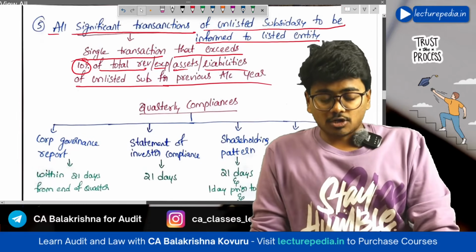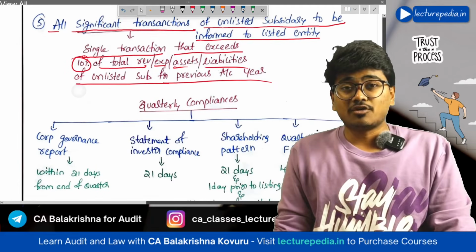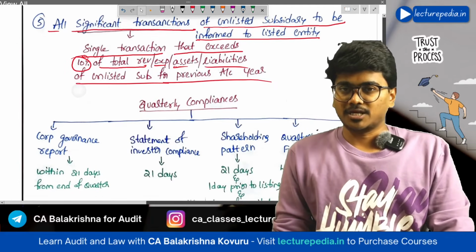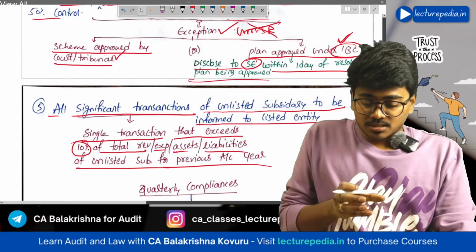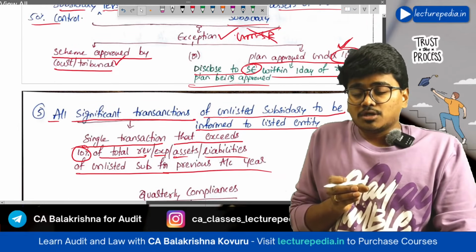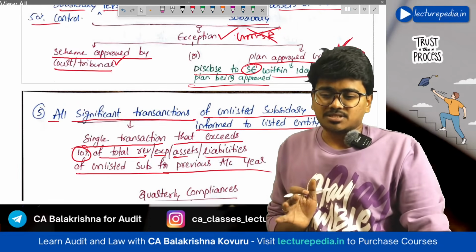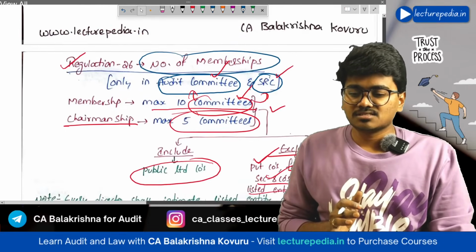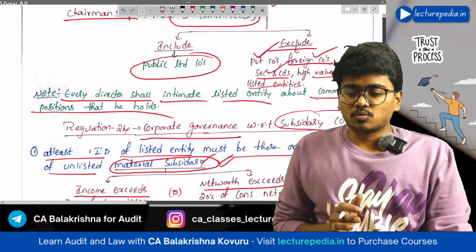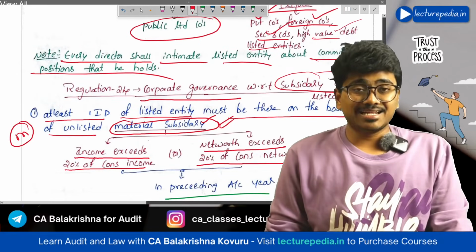So those are the corporate governance requirements with respect to the subsidiaries of the listed entity. Now here you need to observe, some are applicable only to material subsidiaries and some are applicable to all subsidiaries. Requirement number 1 is applicable to material subsidiary only.